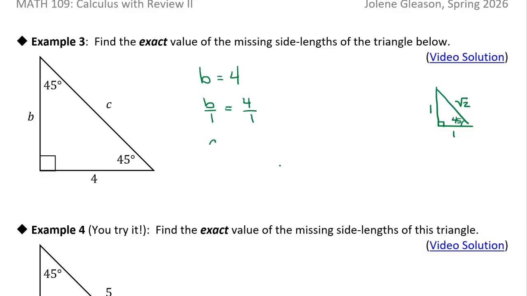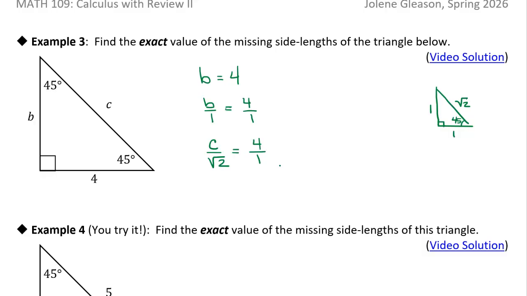Now to find C, we can set up the ratios. So we want to know C, and that corresponds to the square root 2, over the hypotenuse of the standard triangle here, the 1, 1, square root 2 triangle. And then we can take the 4 that we know in the triangle in the example and compare that to the corresponding side in the standard triangle, which is 1.